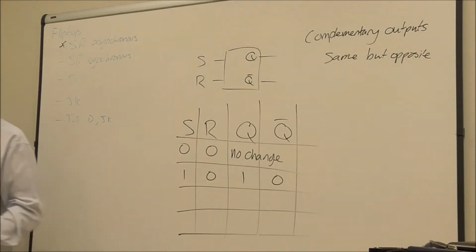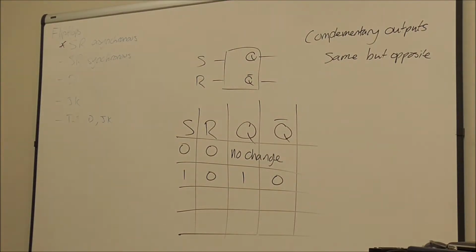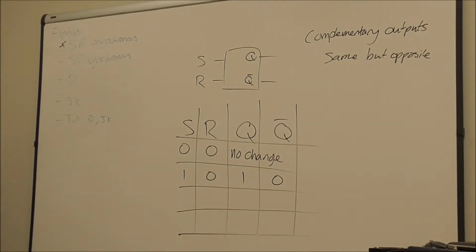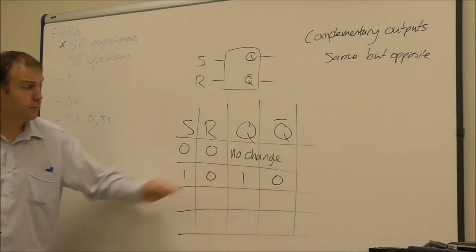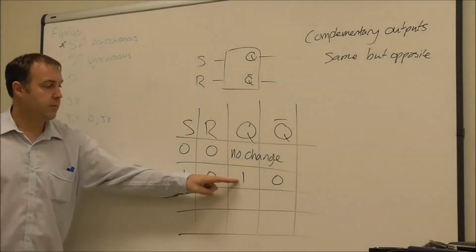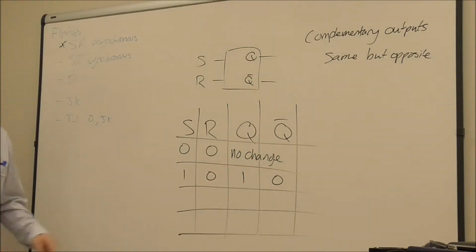But if Q was 0, it will set it to 1. And it will do that nearly immediately. Nearly, not quite straight away. There is a small delay, we'll talk about later. That change happens very rapidly, in the order of a few nanoseconds, but it is still a noticeable delay, and it will set Q to 1. And likewise, Q bar will go to 0.